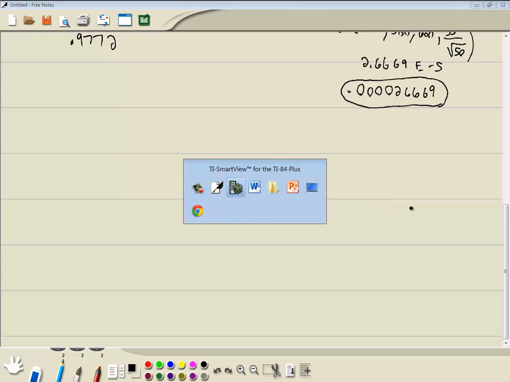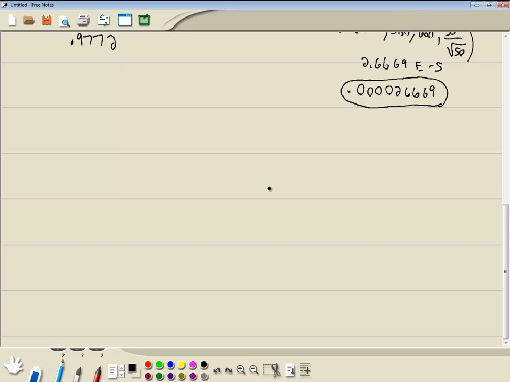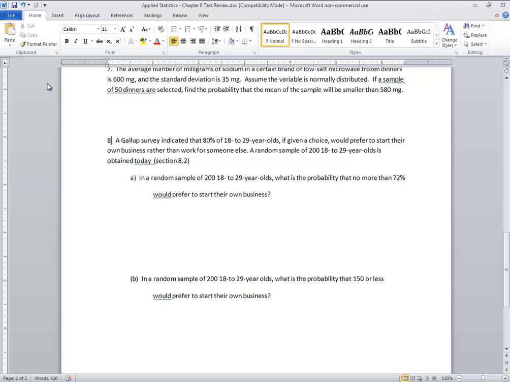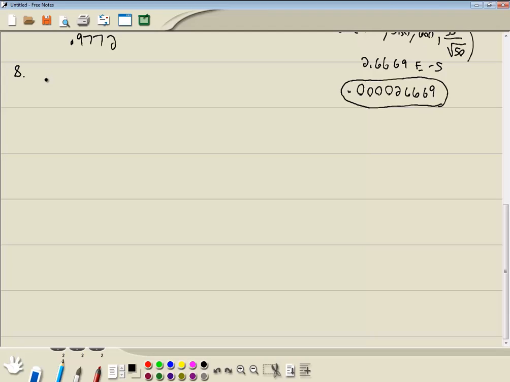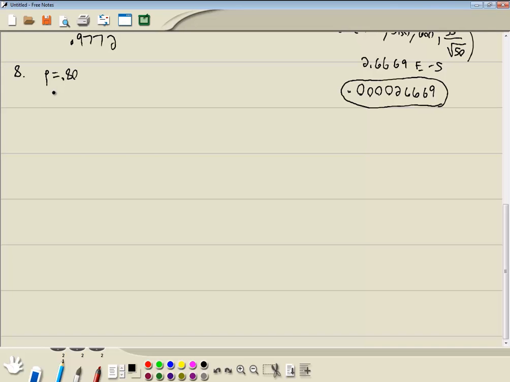Okay, let's look at number 8. The Gallup survey indicated 80% of 18 to 29-year-olds, if given a choice, prefer to start their own business rather than work for somebody else. It's telling us p is 0.80. A random sample of 200 is obtained, so n is 200.